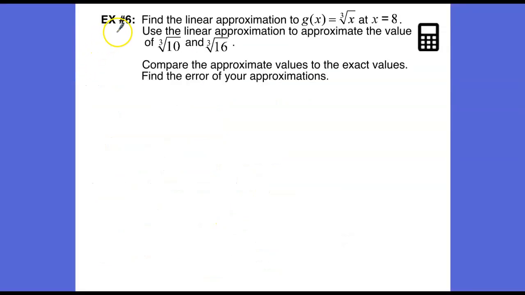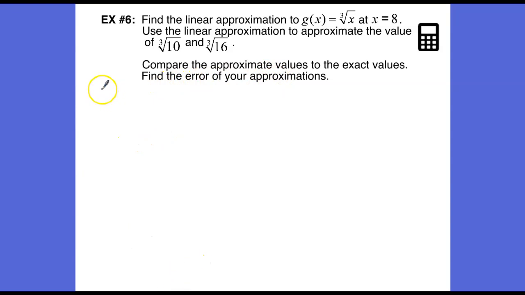Let's take a look at example 6. Find the linear approximation of g of x equals the cube root of x at the value x equals 8. Use the linear approximation to approximate the value of cube root of 10 and cube root of 16. Compare the approximate values to the exact values, and then finally, find the error of your approximations.